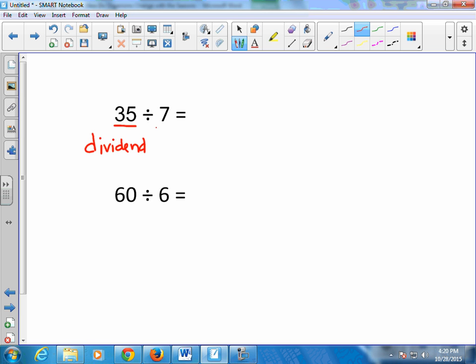The second number, the one that tells us how many groups we're going to build or how many in each group, is called the divisor. And we're trying to find the answer. The answer in a division problem is called the quotient.